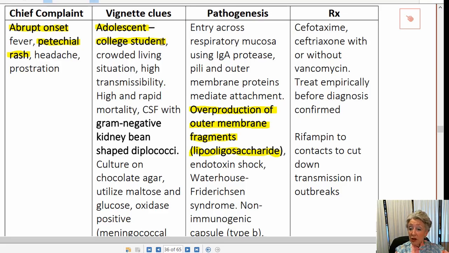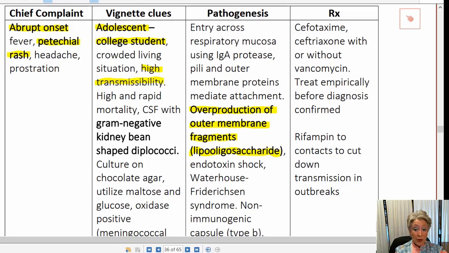As we move into adolescence, or persons who are in crowded living situations, then it's because of the high transmissibility of the organism that I get a very rapid spread through these groups, where housing, dormitories, and barracks and so forth are crowded.